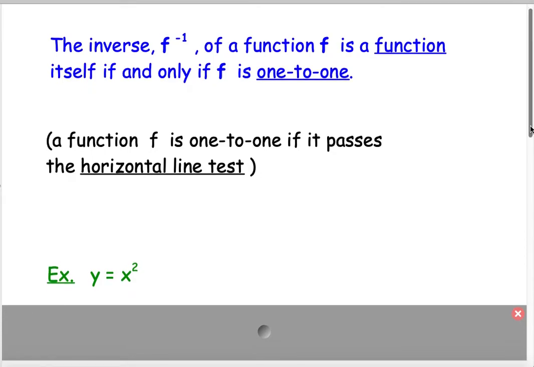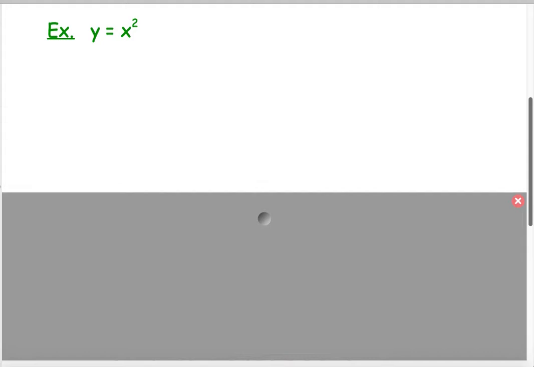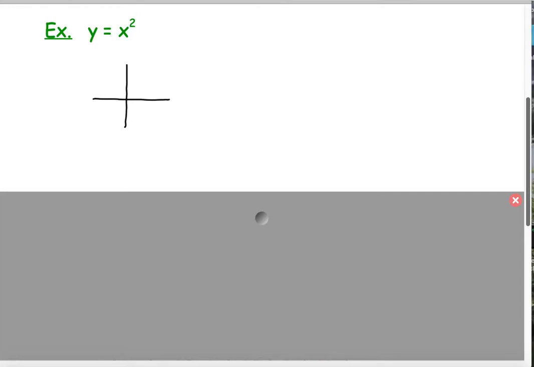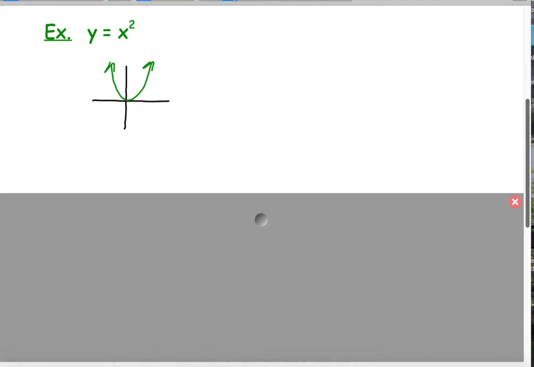What if I had y equal x squared? What does the graph look like for that? We know what the graph looks like. Right there. We're going to have a problem because this is not going to pass the horizontal line test.